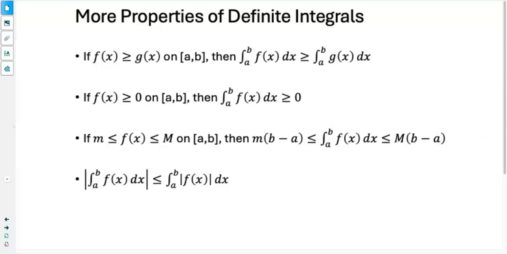And then we have this last one, where the absolute value of the integral from a to b of f of x is going to be less than or equal to the integral from a to b of the absolute value of f of x, dx.